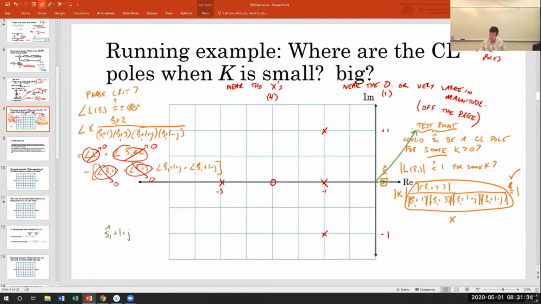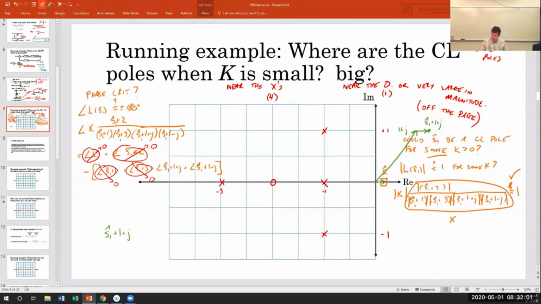So this is the vector 1 plus J. If I were to add those two vectors, I can do that just by moving this guy up to the tip here. And so this point is the point S hat 1 plus 1 plus J.